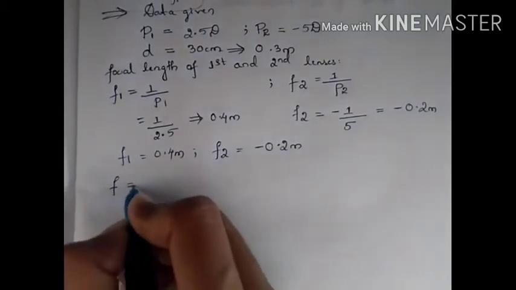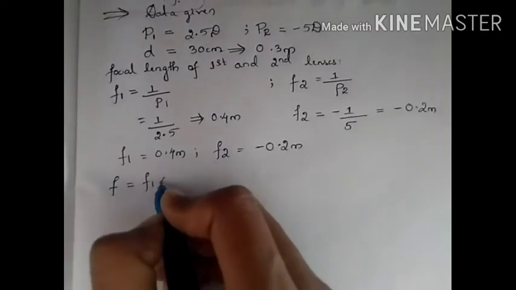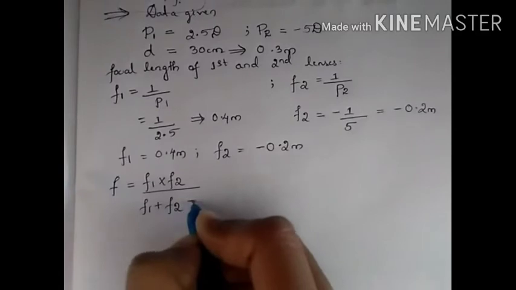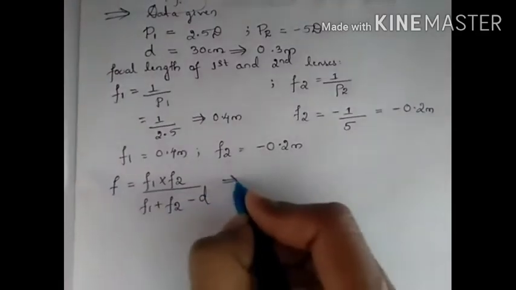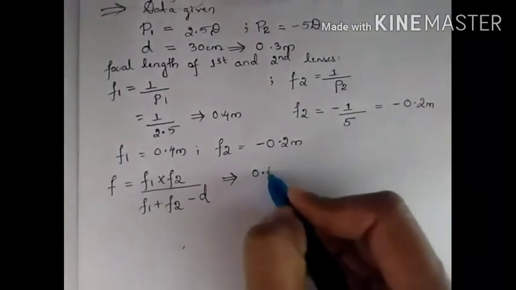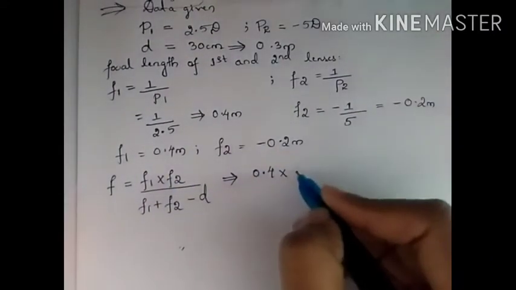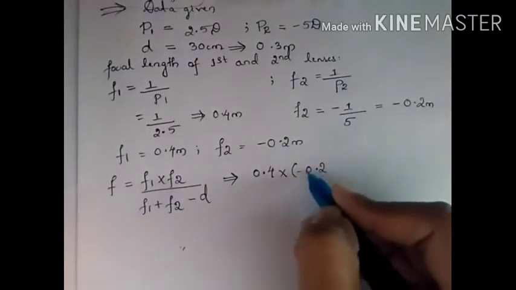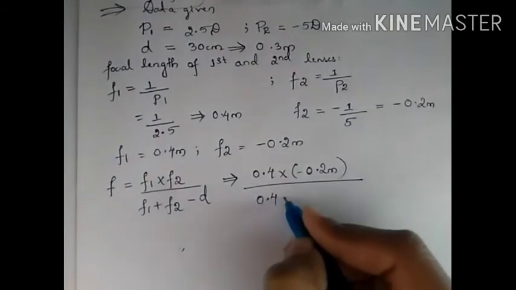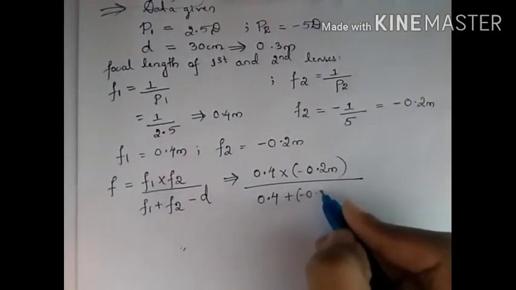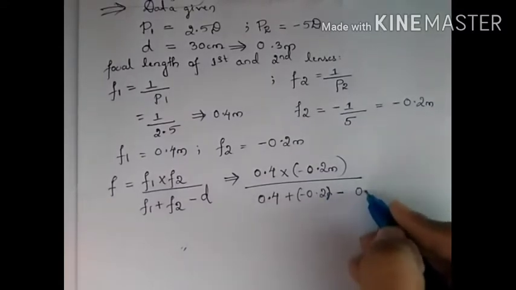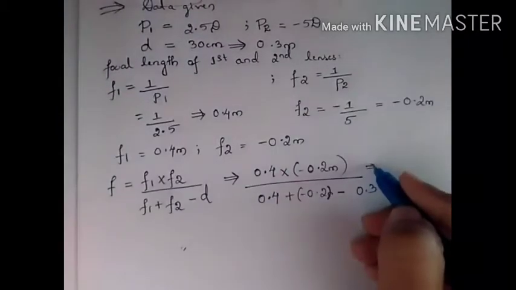For that, F is equal to F1 multiplied by F2 divided by F1 plus F2 minus D. Substitute the values: F1 is 0.4 meters and F2 is -0.2 meters, divided by 0.4 plus (-0.2) minus D, which is 0.3.